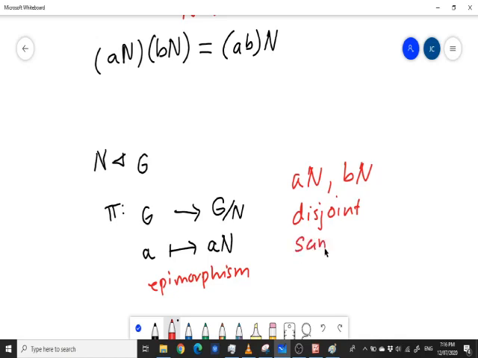And G is the union of all those cosets. So an element A has to belong to one of those. So basically, it's a partition by the cosets. So that's definition of terms. Definition of terms pa lang.